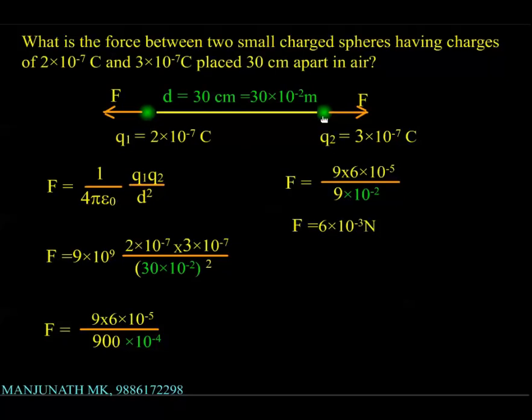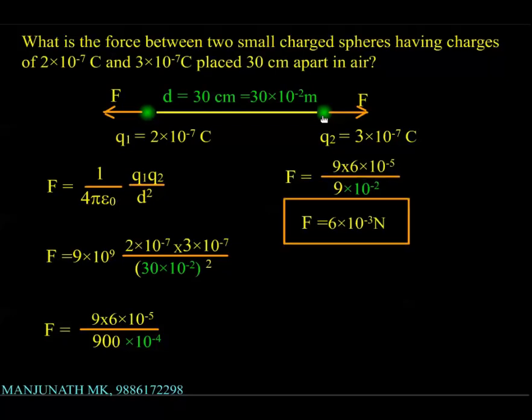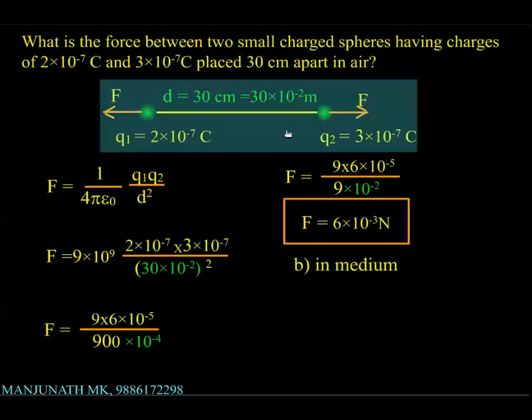Now let us discuss the force between the same two charges when they are placed in a medium like this. Look here, let it be medium. Of course its dielectric constant is 4.5. For force between such two charges in medium, the formula is like this: 1 over 4 pi epsilon naught into epsilon r. This epsilon r has to be multiplied Q1 Q2 by D square.